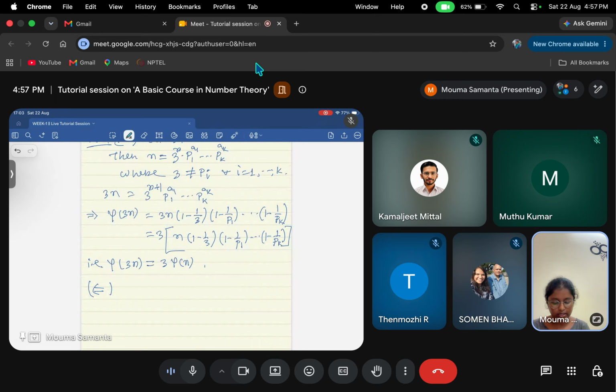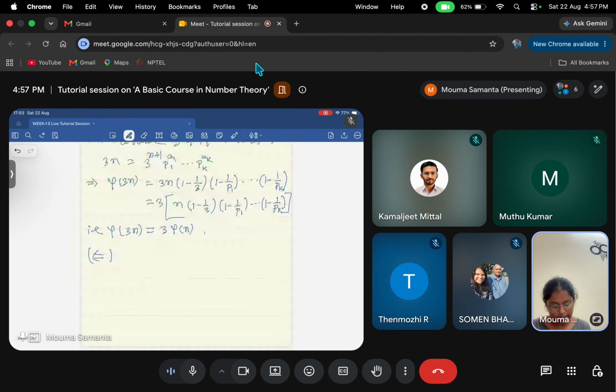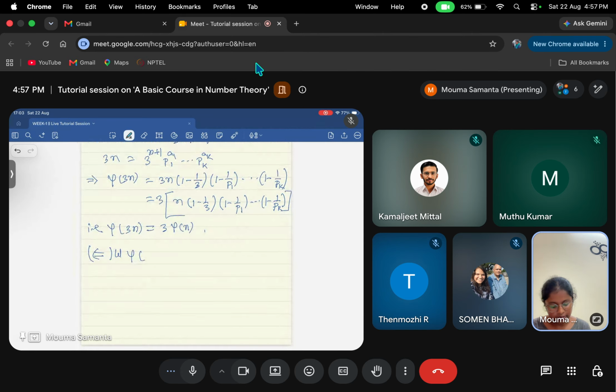That means what we have to show: considering phi of 3n equals 3 phi n, we want to show 3 divides n. So what should be the approach, I mean, in how many ways can we show that 3 divides n?